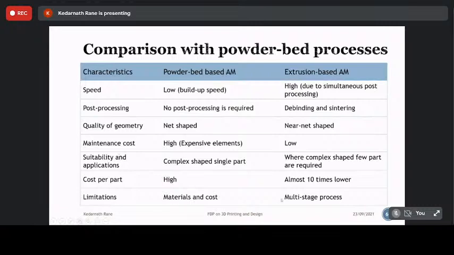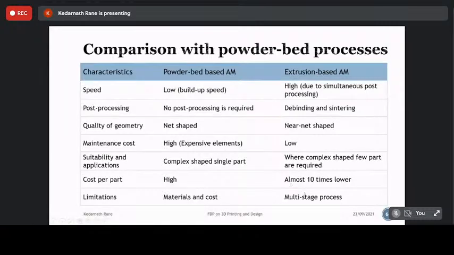The major limitation of the extrusion-based process is that it is multi-stage, because you have thermal debinding, solvent debinding, and a sintering step, which take place after the 3D printing, right? So that is a major bottleneck. But the parts can be processed in bulk or in batch size, which increases the process competitiveness as compared to the other AM processes.